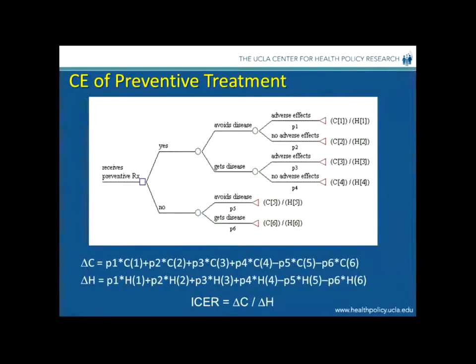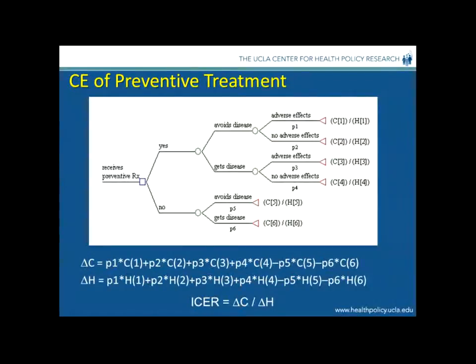This is a generic cost effectiveness analysis of a preventive treatment. So you can think about people getting prevention. The first node on this decision tree is whether or not they get the preventive treatment, yes or no. In the no portion of the tree, you basically have two outcomes. You don't get prevention and you get the disease, or you avoid the disease.